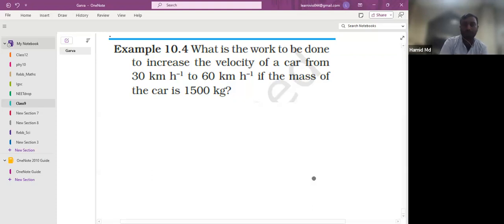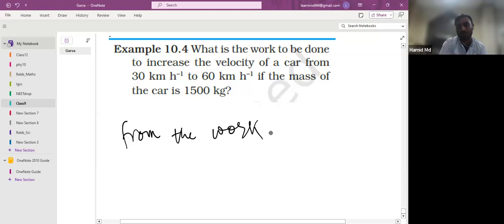It is nothing but from the work energy theorem. We just derived it.